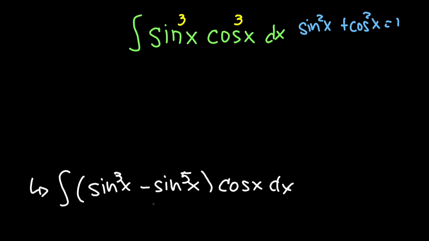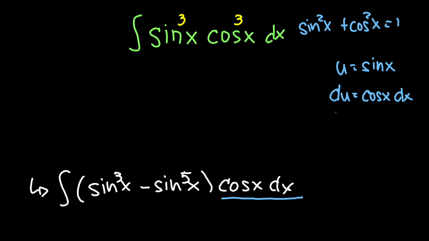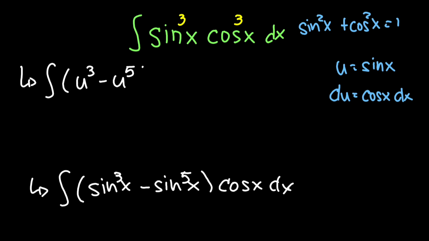Now, since what we have here is sine, let u here be sine of x, and taking the derivative, it is equal to cosine of x dx. You can see here now that cosine of x dx corresponds to du. So we can simply substitute that, making this the integral of u to the power of 3 minus u to the power of 5 of du.